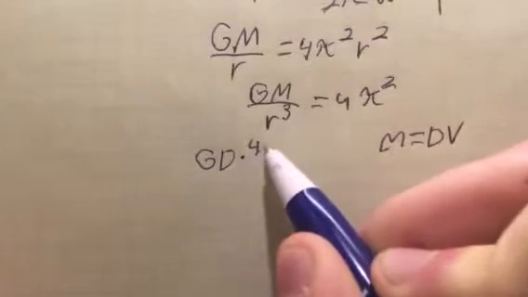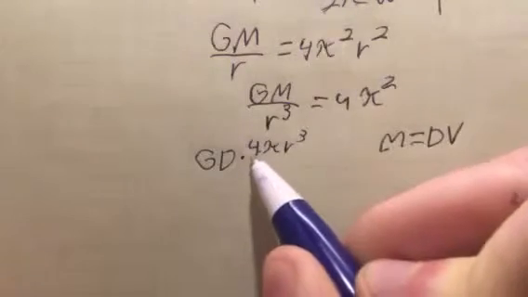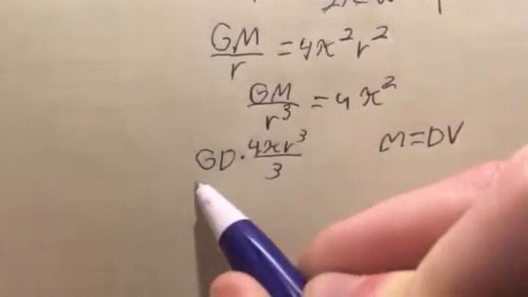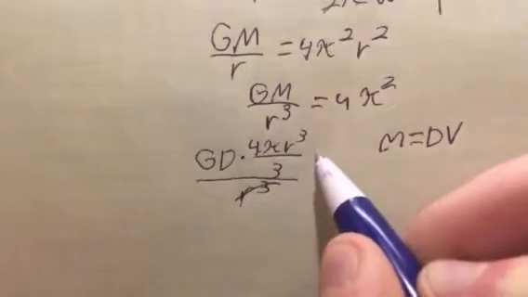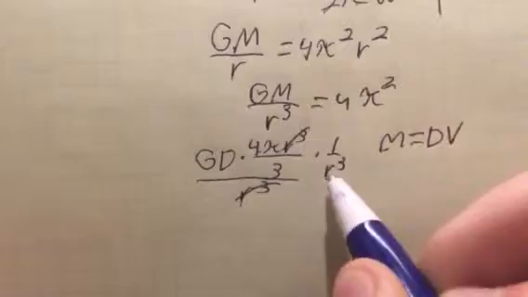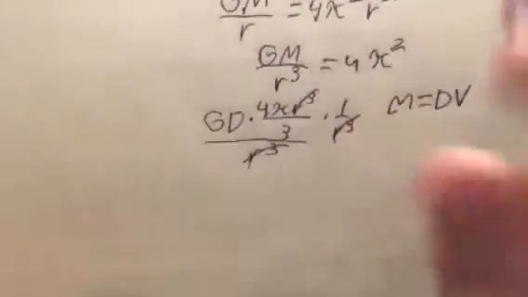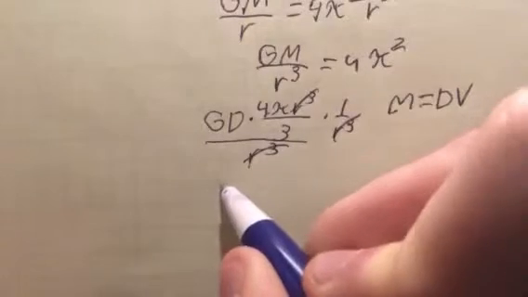So we have 4 pi r cubed over 3, all over r cubed. We're going to cross that out, multiply by the reciprocal of r cubed, and cross out both r cubeds. That's just some beautiful cancellation that occurs right there.